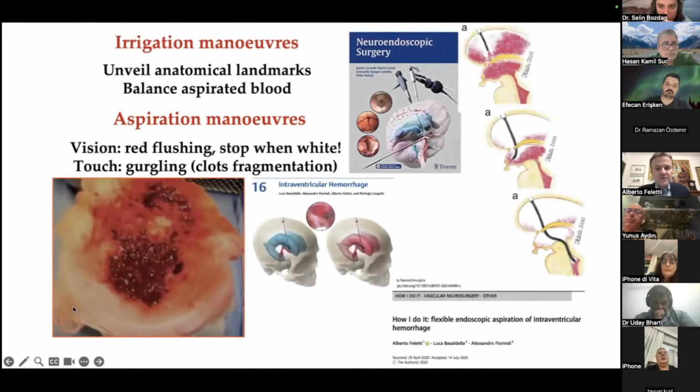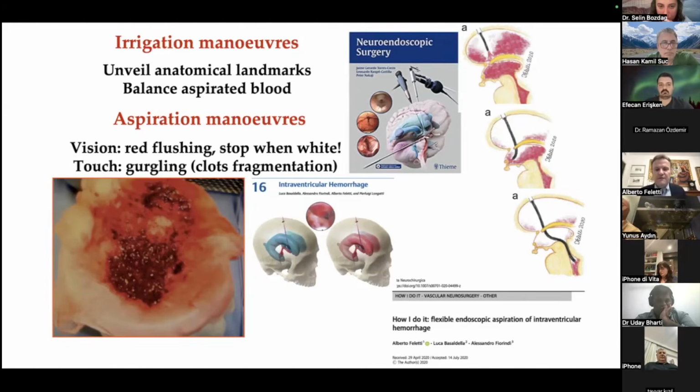So the maneuvers when you are inside the ventricles are basically irrigation and aspiration. Irrigation helps you to unveil anatomical landmarks and to clear the CSF. And when you are in the fourth ventricle, irrigation is also important to balance the aspirated blood.